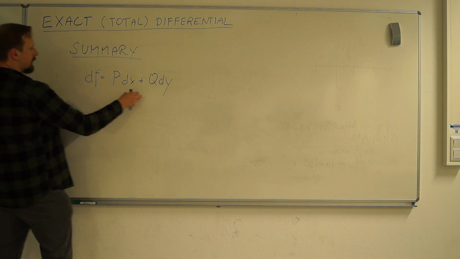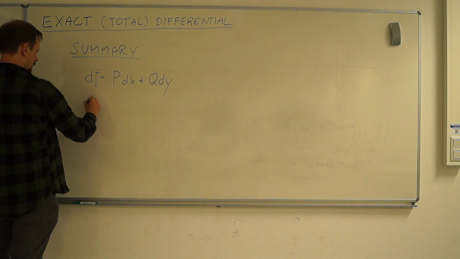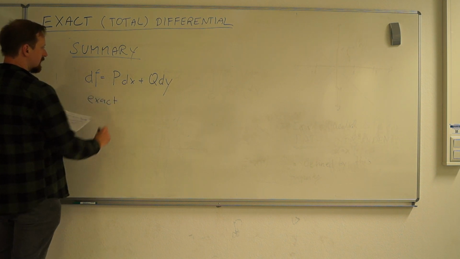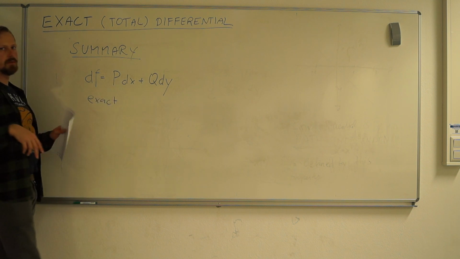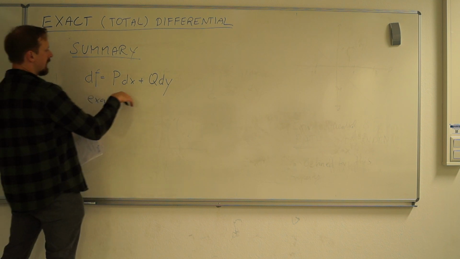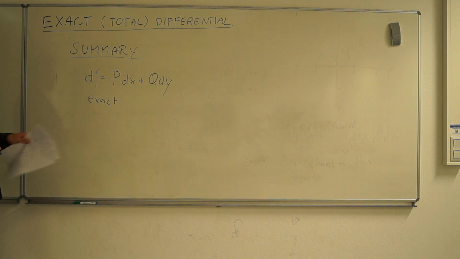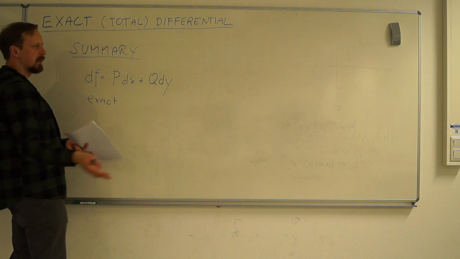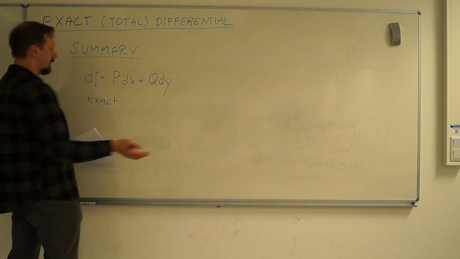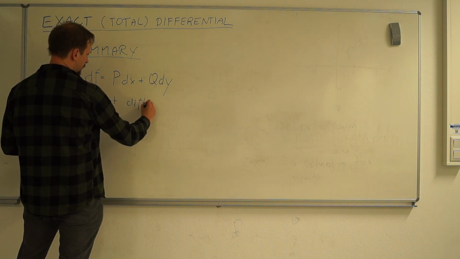And if one has an expression of this form, and if it is indeed a total differential, meaning p is the partial derivative of f with respect to x, and q is the partial derivative of f with respect to y, and all the preconditions we have stated in the beginning of this lecture apply, then we have an exact differential.